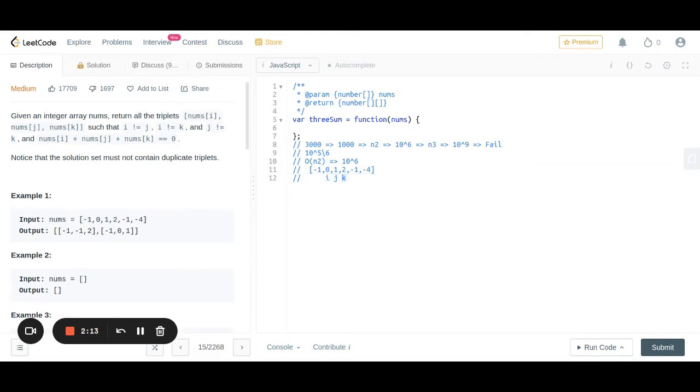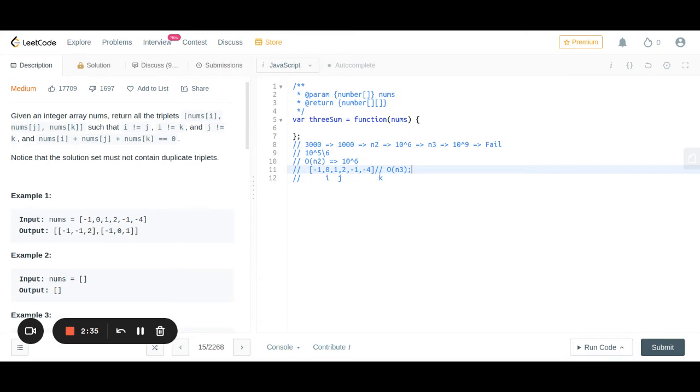The first k will go from here to here, and then j will go from here to here, each index. So i is going to take O of n, j is going to take O of n, and k is going to take O of n. So the total complexity of the brute force solution would be n cube.